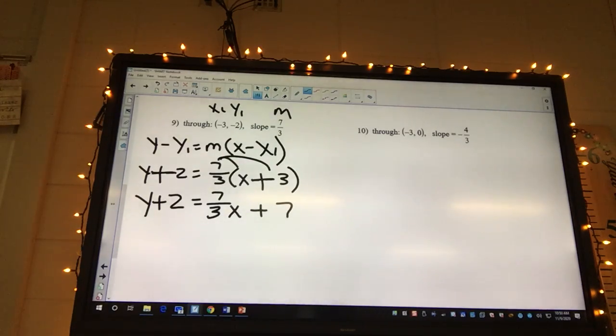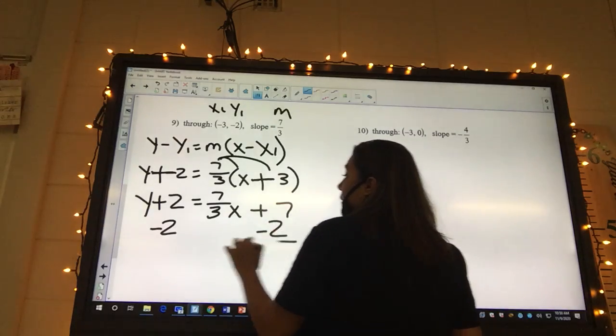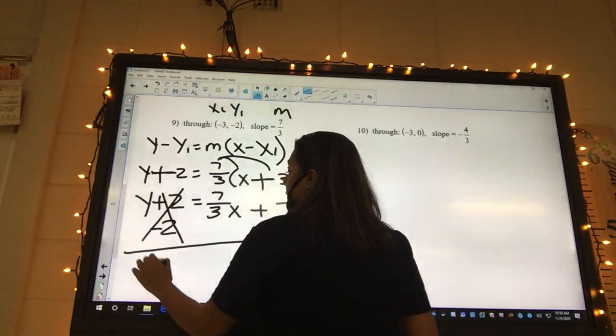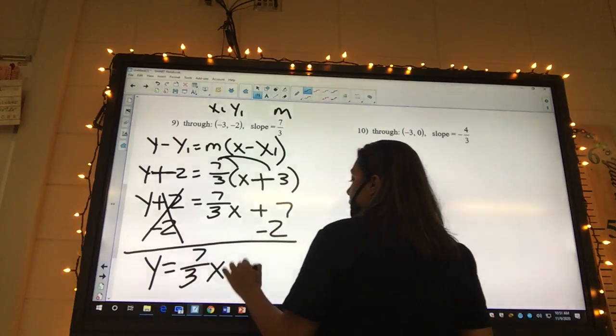Even if it's a fraction, you can do your next step on the calculator, just say minus 2. Then we subtract 2 from both sides. So y equals 7 over 3 x plus 5.